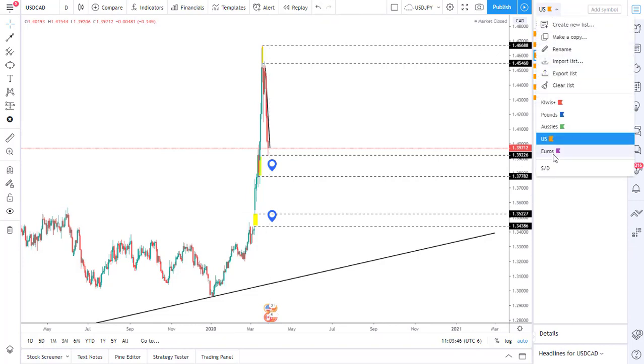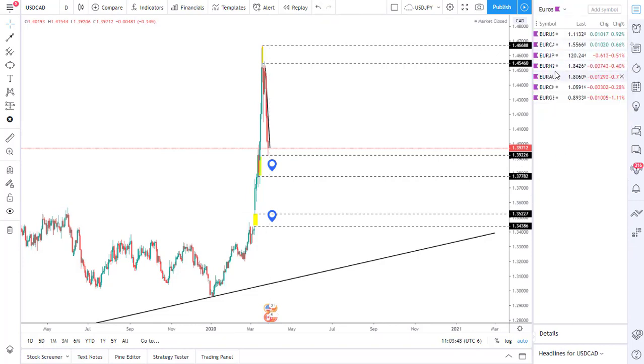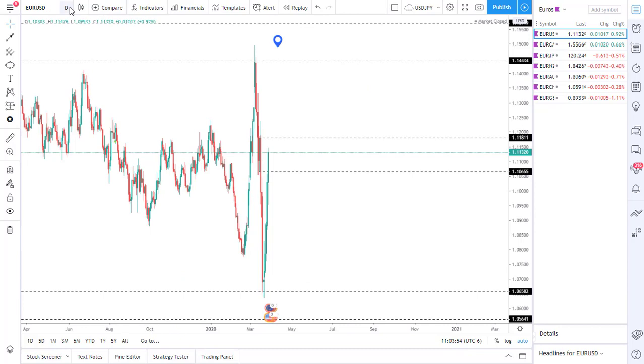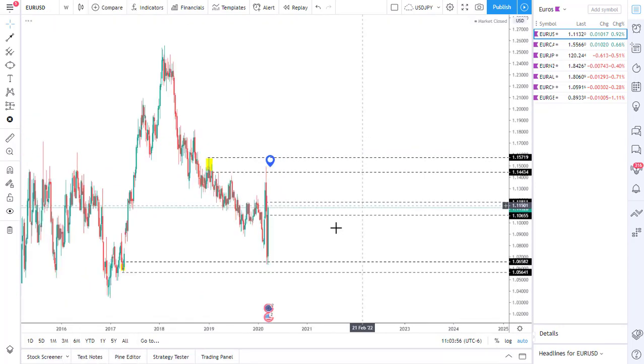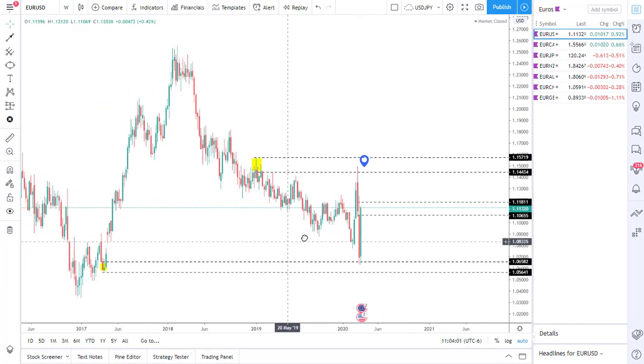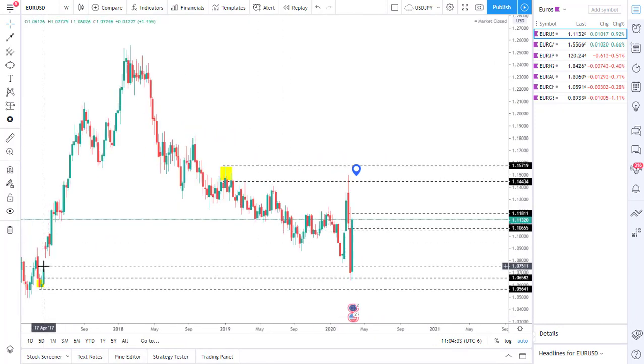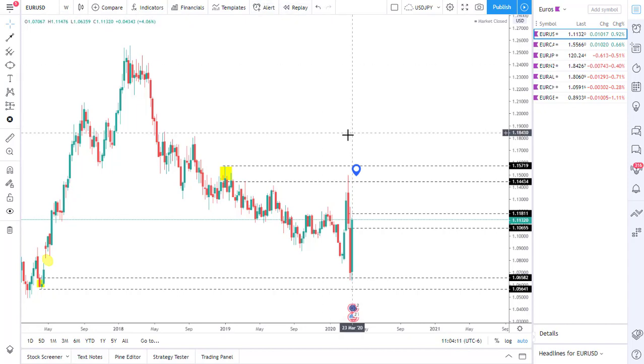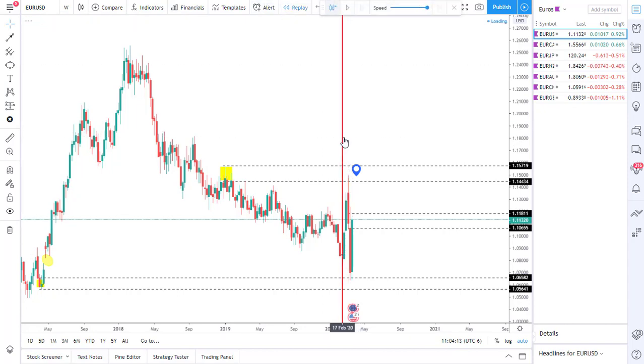Let me show you Euro USD, because this was another analysis that I sent. We had a level. There is, I guess there is. Yeah, here. Check this level. This was a gap level. All right, this was a gap level, and see how market reacted to that zone.